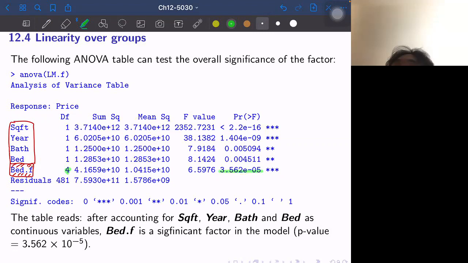So this is a significant factor. Even if we have the first 4 variables, we should add the bedroom as a factor. If we include both, we can eliminate this and just prepare 5 parameters for this factor variable. So that model is better than bed as continuous.